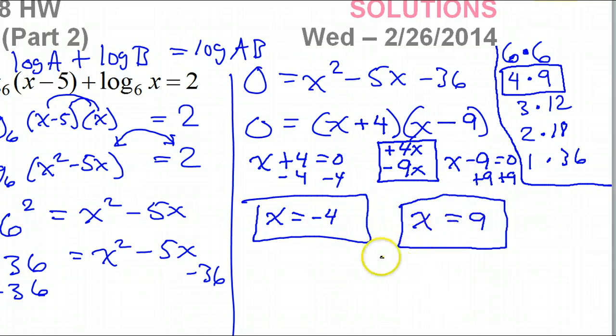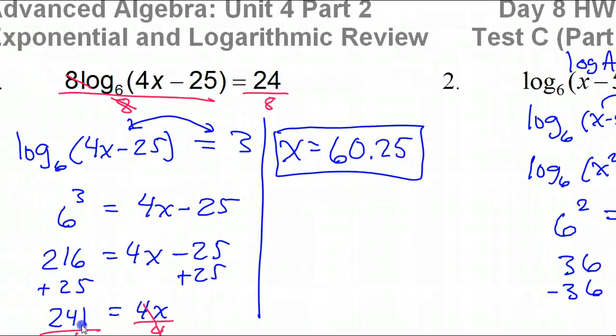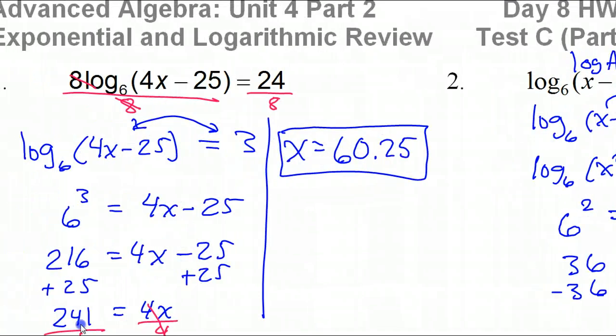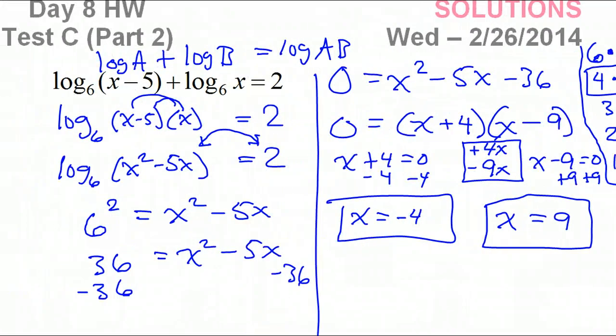Alright, but we have to check and make sure that none of these solutions are extraneous. In fact, I should have checked that over here as well. Yeah, this looks good. I'm making sure that if I plug in the value, I don't get a negative number. 4 times 60 is huge. Alright, minus 25, that'll be positive. Okay, can't have any negatives.